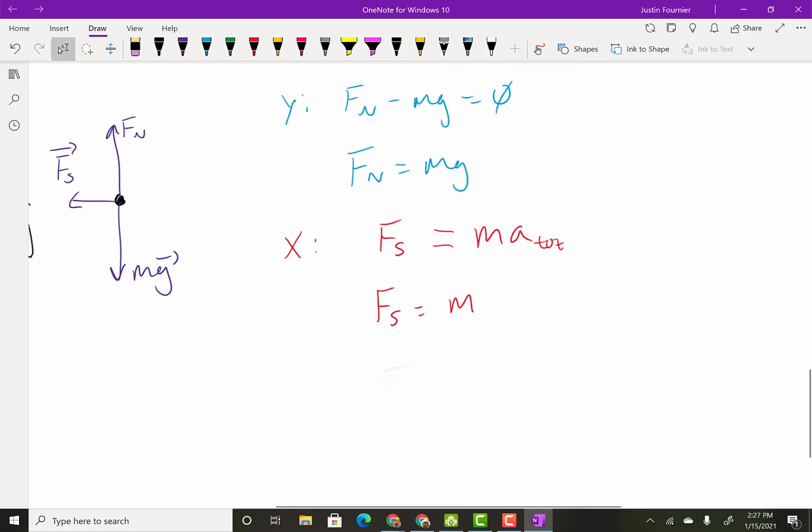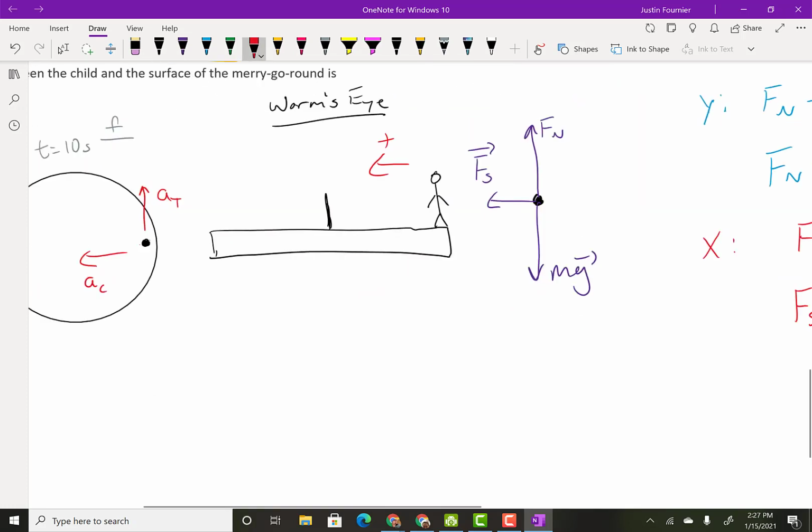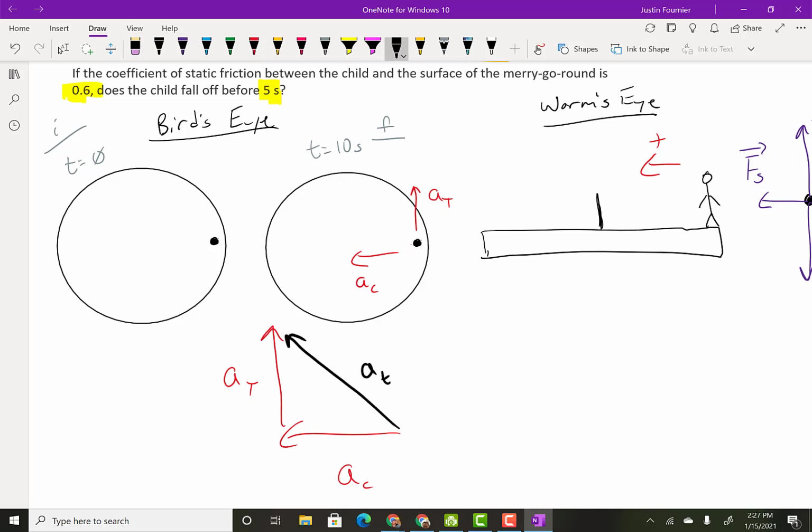This is always with respect to the total acceleration. So the total acceleration is going to be the centripetal acceleration plus the tangential acceleration.